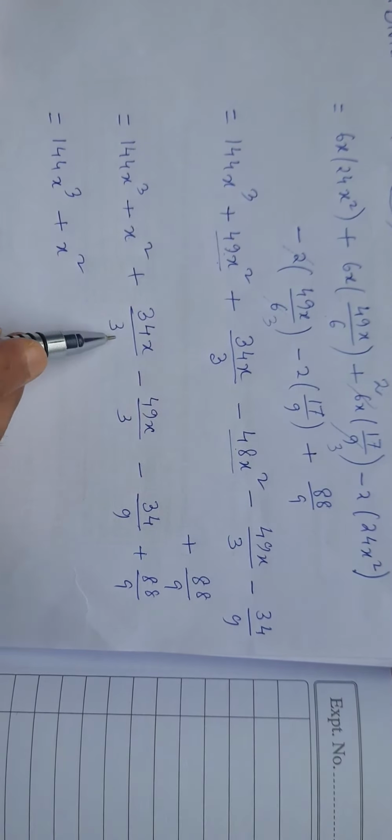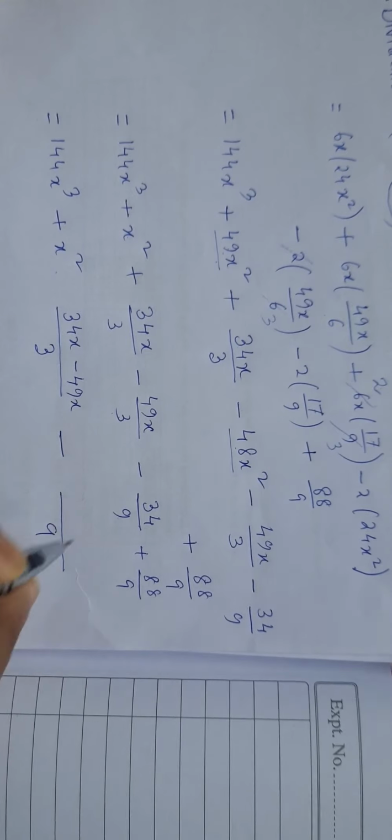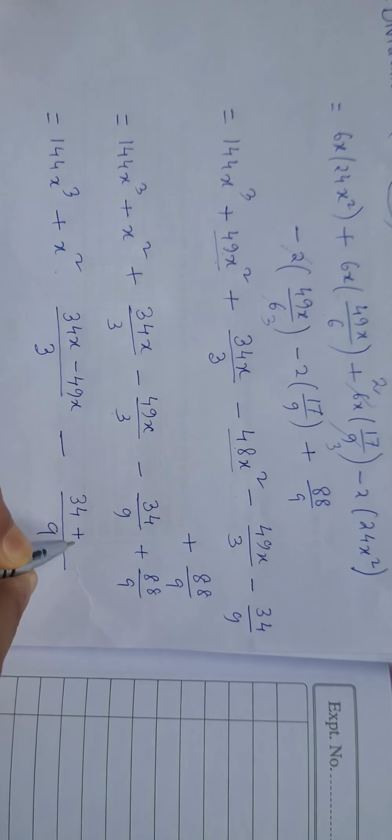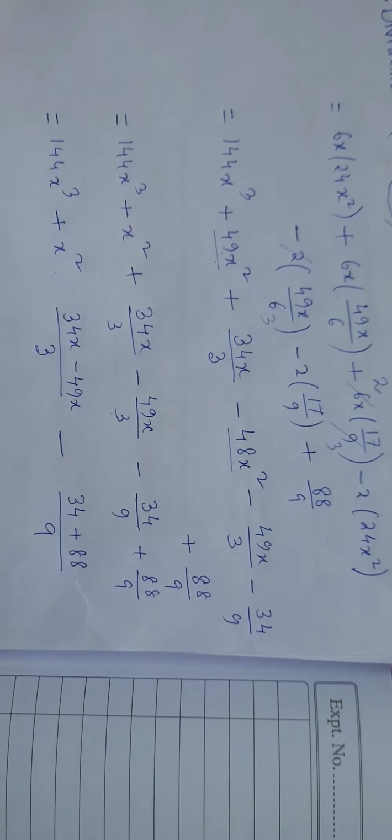So it is 34x minus 49x. Then here also the denominator is same, so it will be 34 plus 88 with a minus sign. Here you will see we have not put any sign here. Since here it is plus, you can make it plus, but here the negative sign is with the greater number, so ultimately we'll get negative, but for the time being let us put here plus.